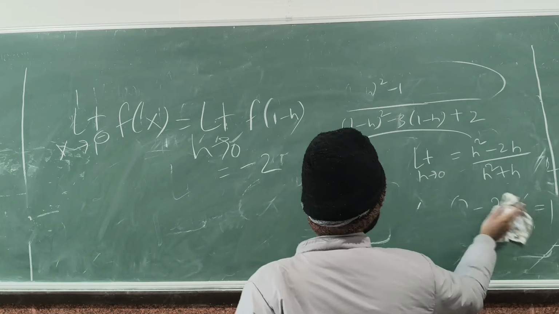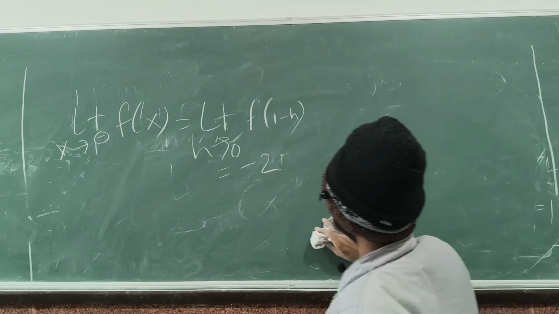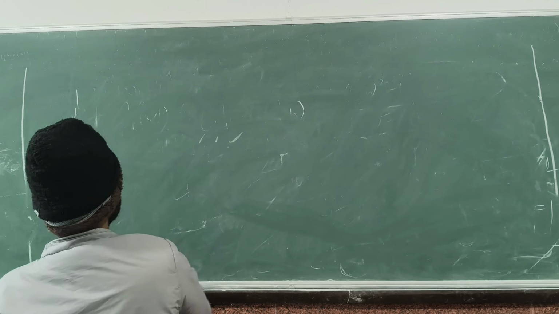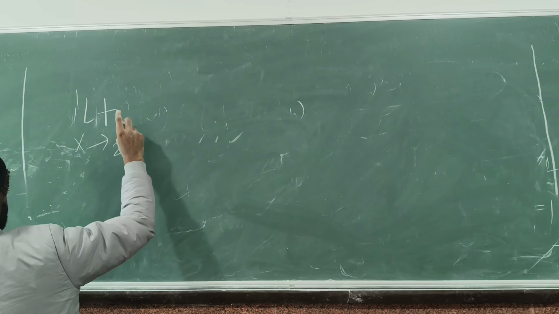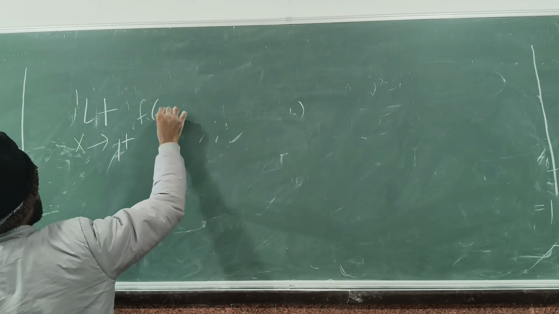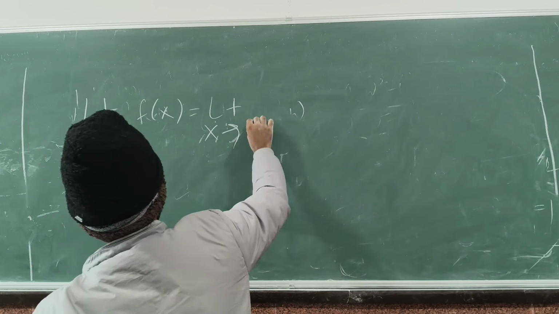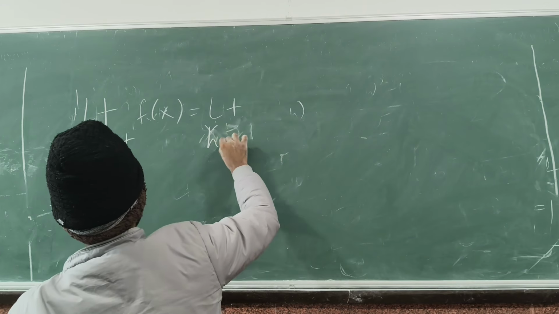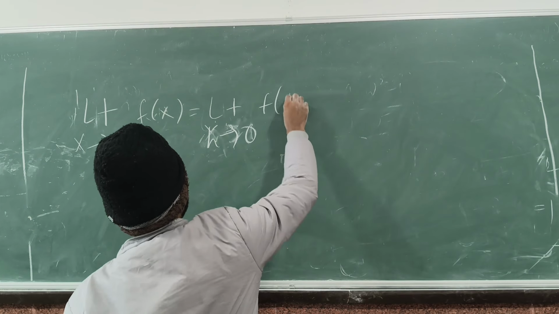Similarly, we can find limit x tends to 1 plus f of x, which equals limit x tending to 1 plus, replaced by 1 plus h, so limit h tends to 0 f of 1 plus h.